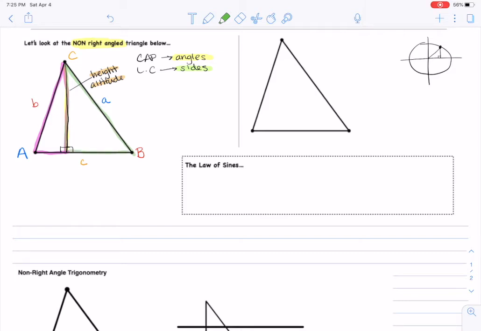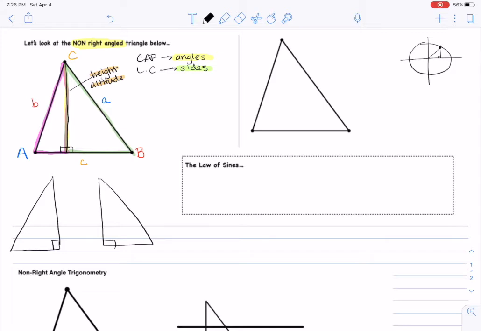Okay, so for the purposes of this derivation, I'm going to draw them separate. So that's going to be the skinnier triangle on the right, and this one's going to be the other triangle on the left.